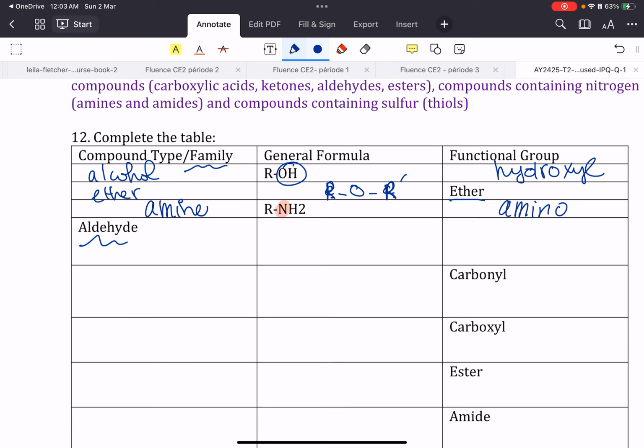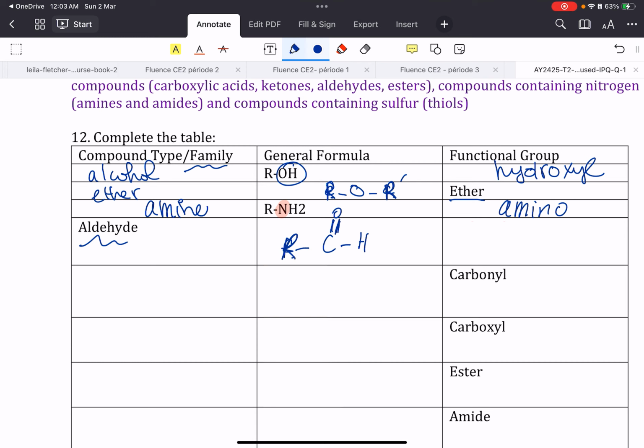Now, aldehydes and ketones both have the C double bond O functional group. If this C double bond O is the last one in the carbon chain, we are talking about an aldehyde.